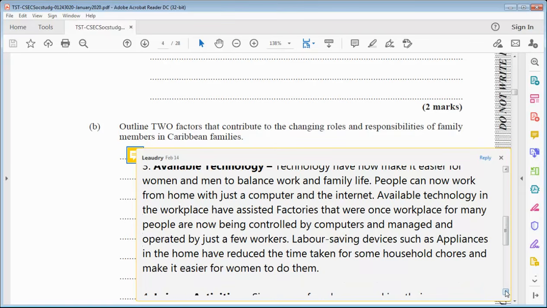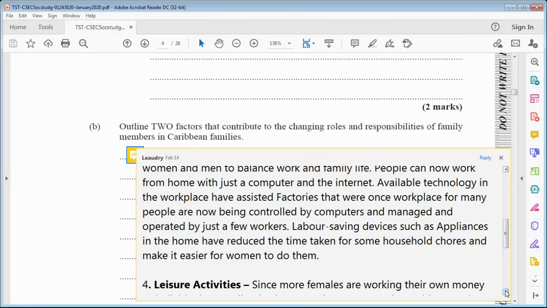Labor saving devices such as appliances in the home have reduced the time taken for some household chores, and it has made it easier for women and men to do their duties. So that's another factor. We have looked at three factors so far.